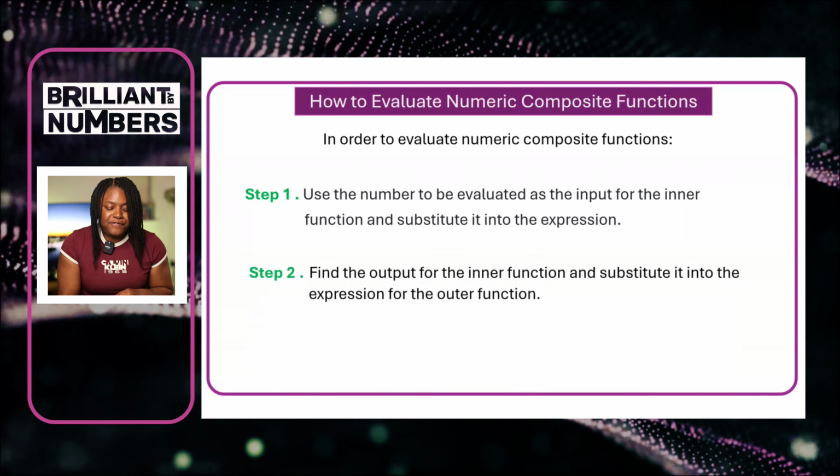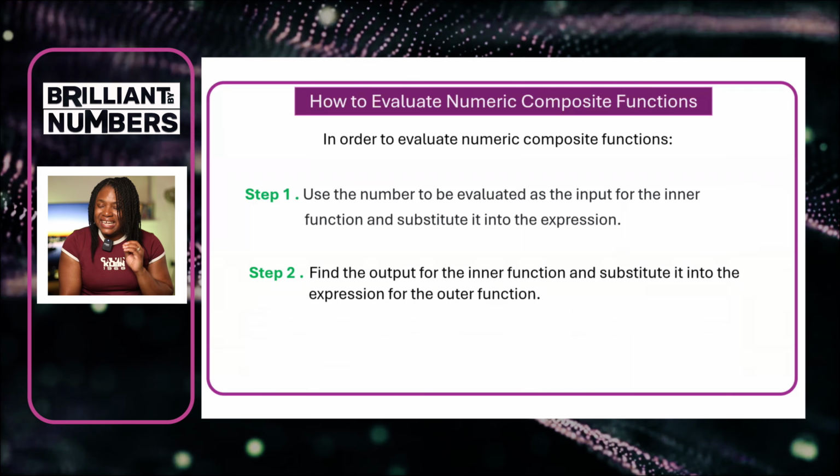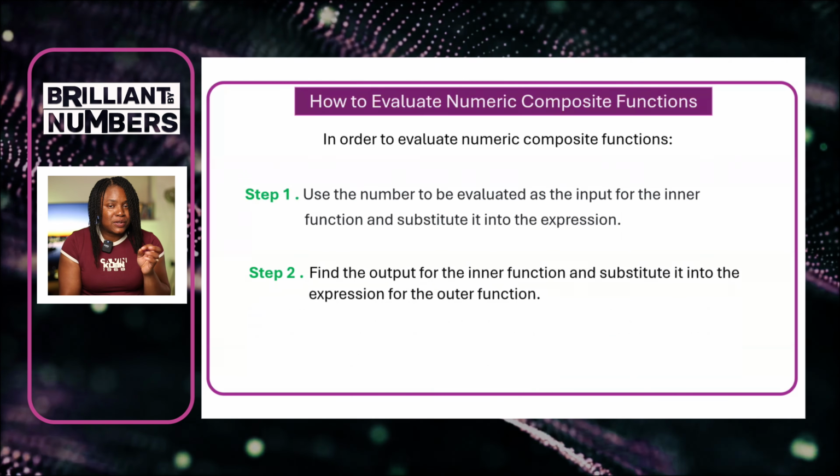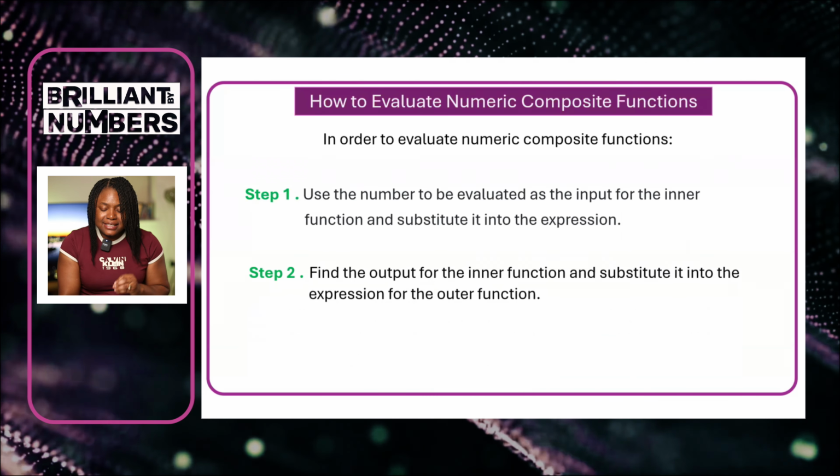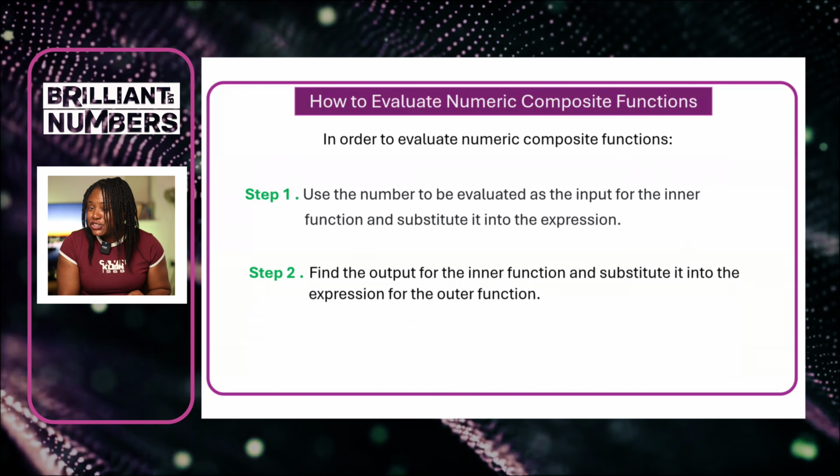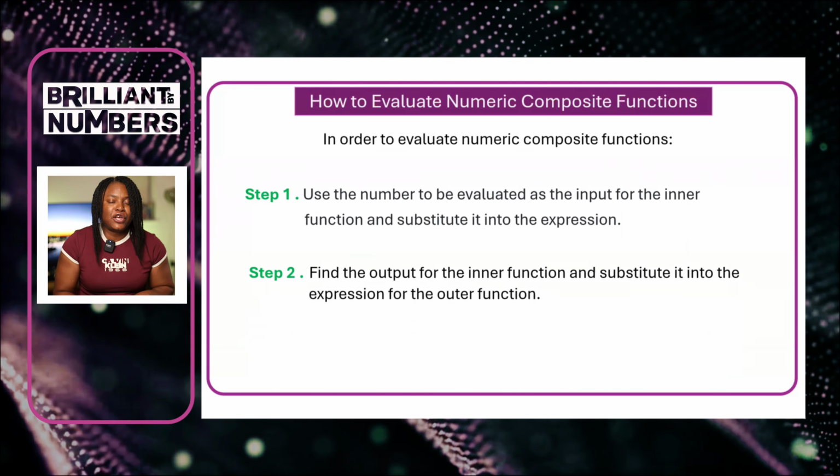Step 2, find the output for the inner function, which we talked about in part 1, and then substitute it into the expression for the outer function. So whenever you find the value for the first function, the answer you get is what you're now going to be substituting into the outer function.